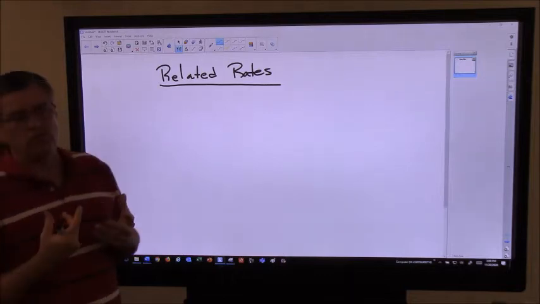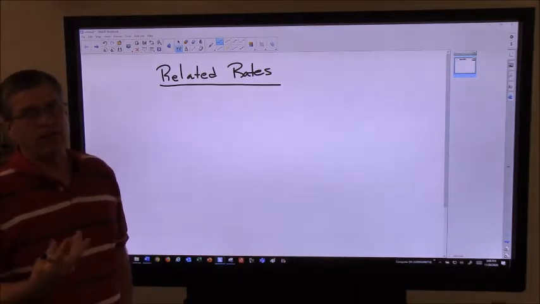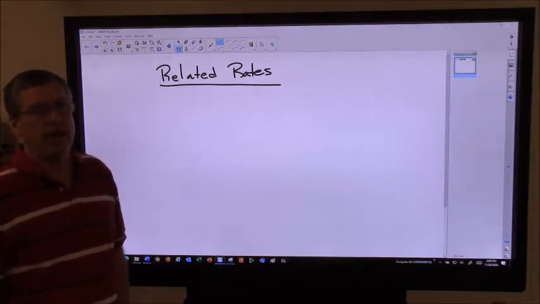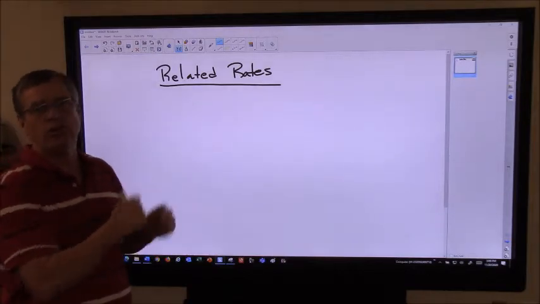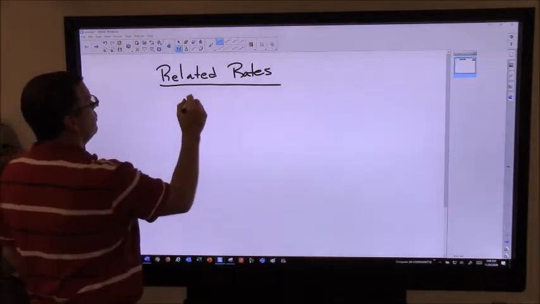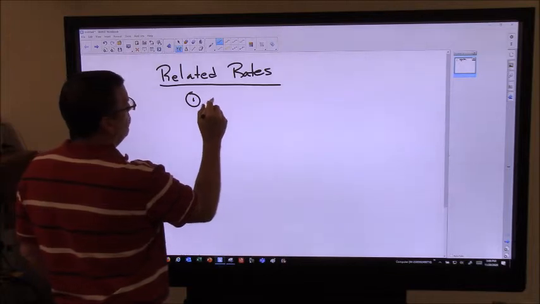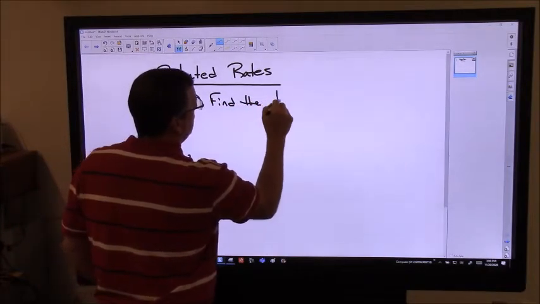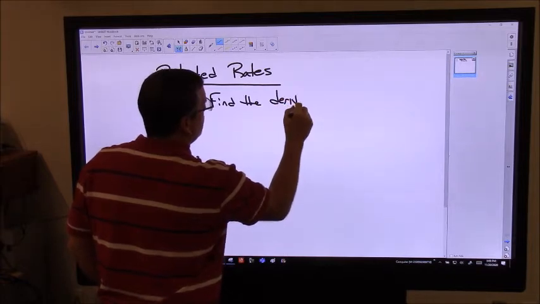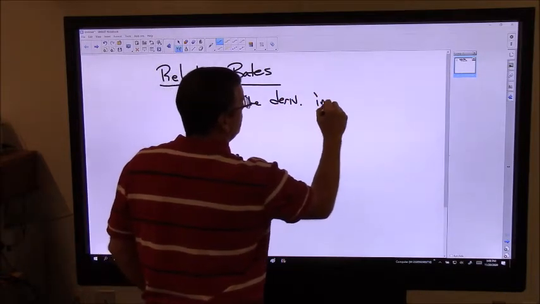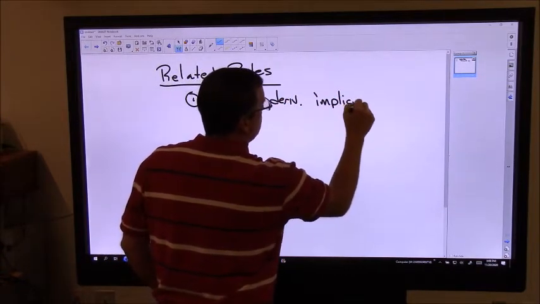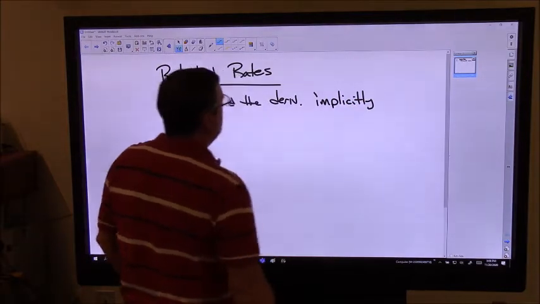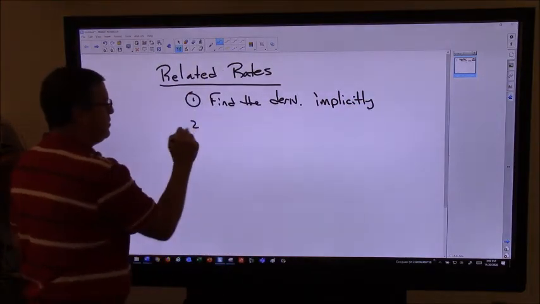So really there's two steps we want to follow. And if we follow these two steps, it's not bad, it's just making sure we understand, okay? So step number one is we want to find the derivative implicitly, and then this is the part that's different.